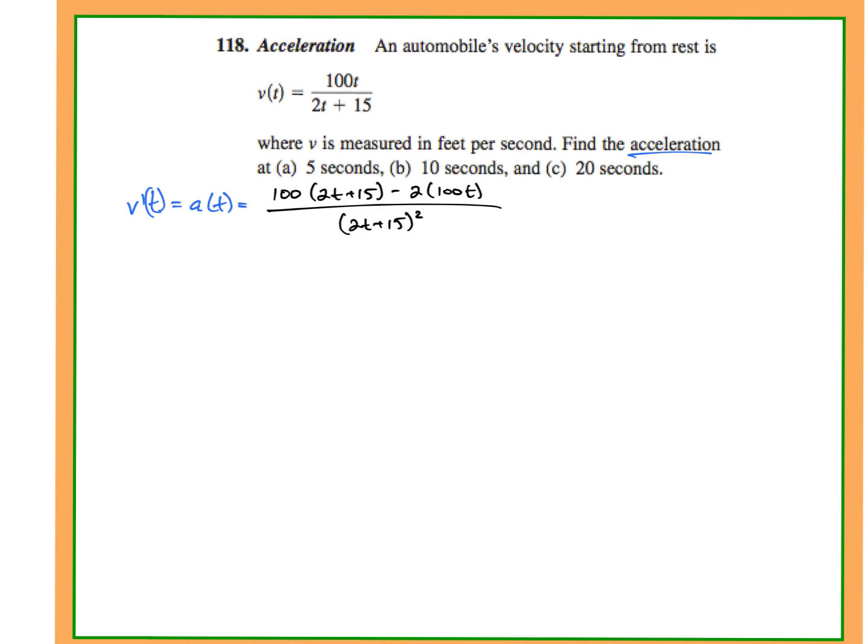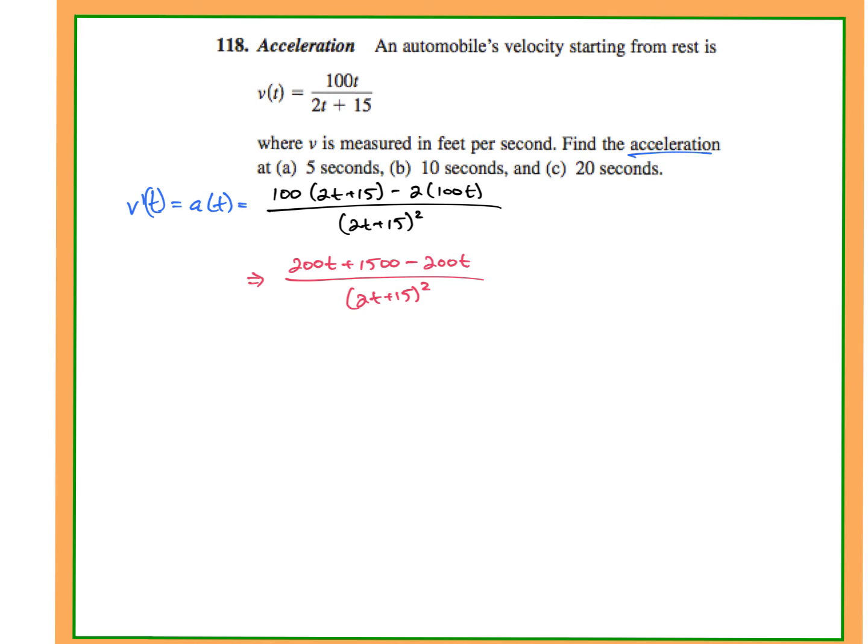Now we got to do the simplifications of it. So let's distribute the 100, so we end up with plus, minus, all over 2t plus 15 quantity squared.